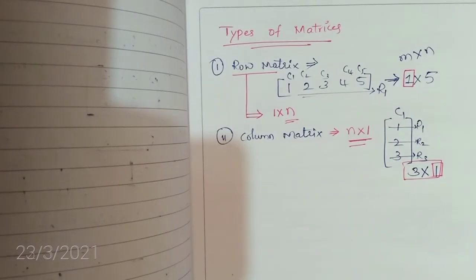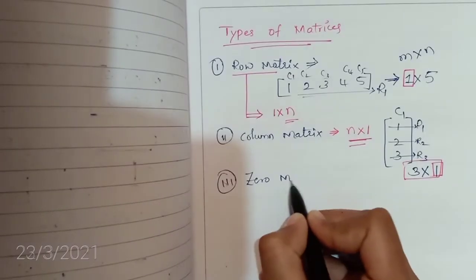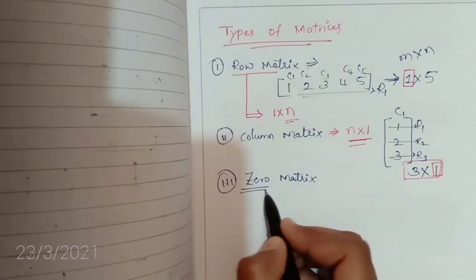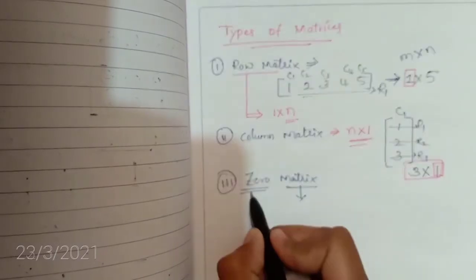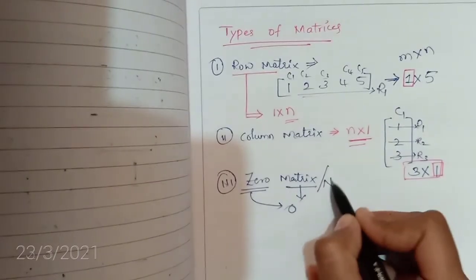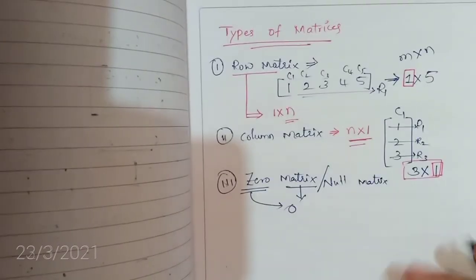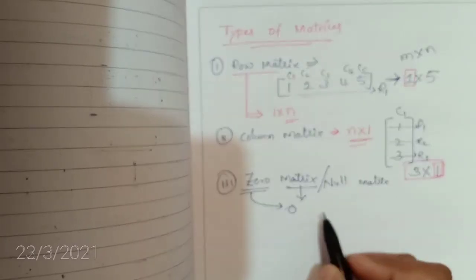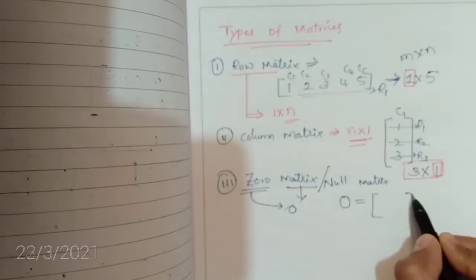Then comes one more matrix, the 0 matrix. By the name itself you can guess what I actually mean. You are going to write a matrix in which all the entries are 0. This is also known as the null matrix in mathematics. Null in the sense nothing, right? So the 0 matrix is represented as O, and you write any number of entries.